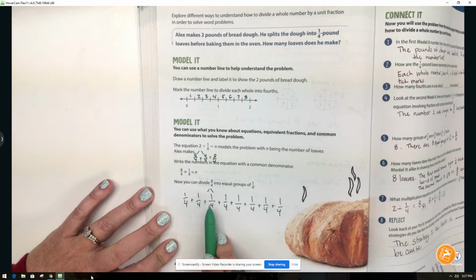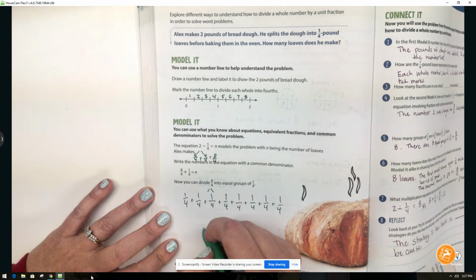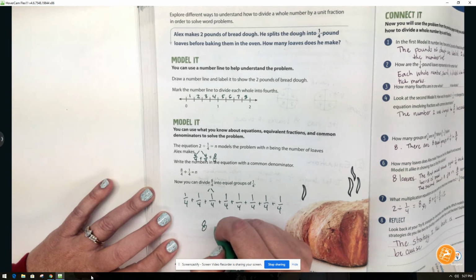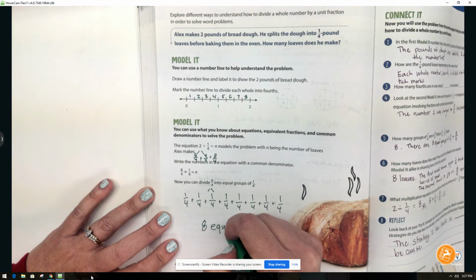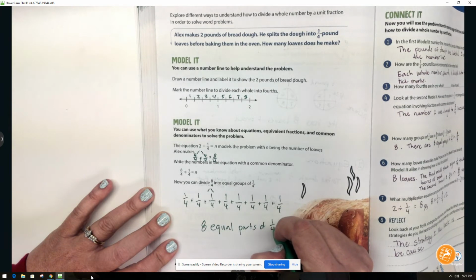So we could make 8, since we know the 8 is how many equal parts we have, and the fourth is how many is in one part. So we have 1, 2, 3, 4, 5, 6, 7, 8. So if we divided 8 fourths into 1/4 sections, how many do we have? We have 8 equal parts of 1/4.